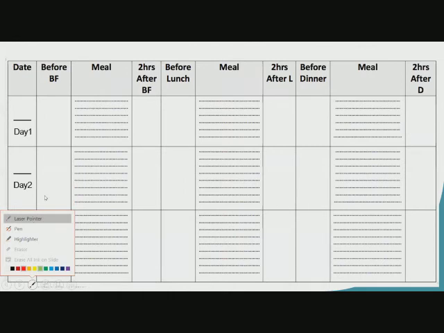How much should the blood glucose level be before breakfast? This is what we call the fasting blood glucose. So what is the recommended fasting blood glucose test level for a person living with diabetes?